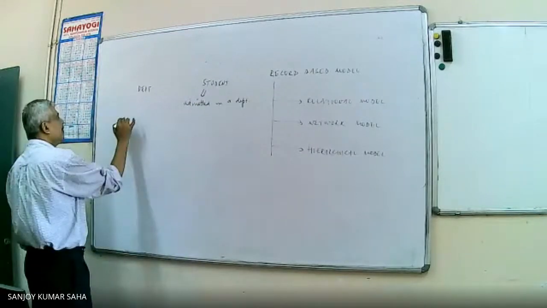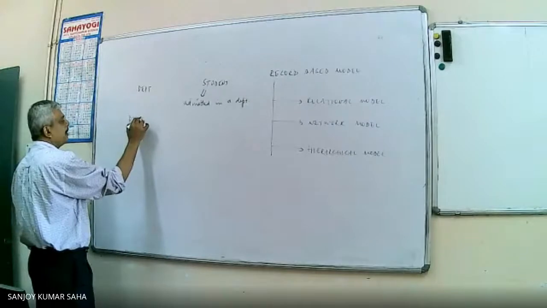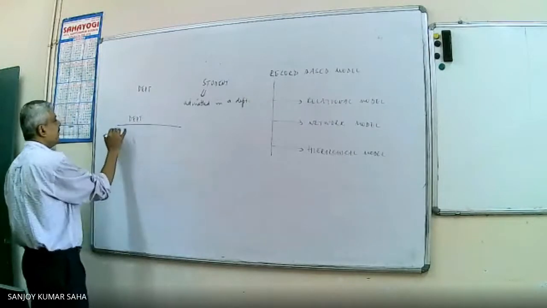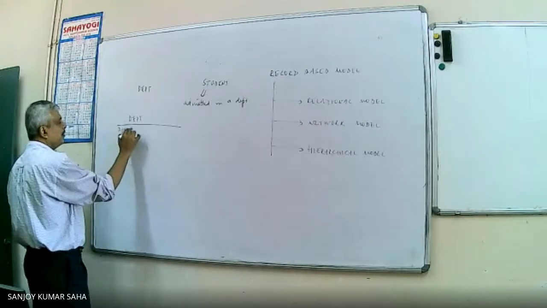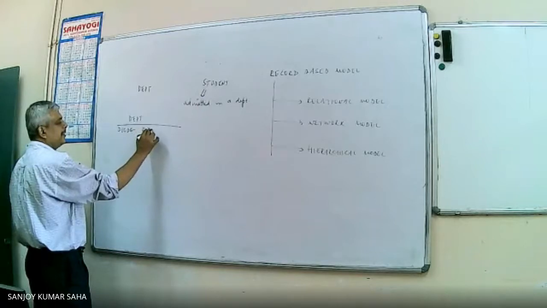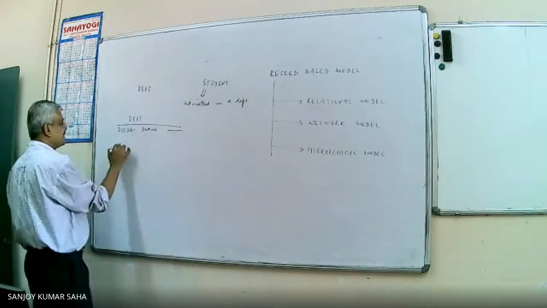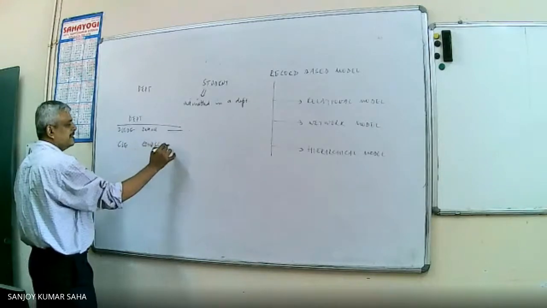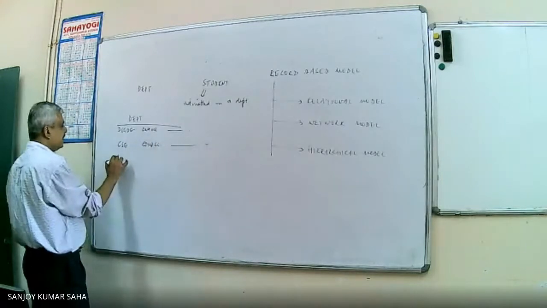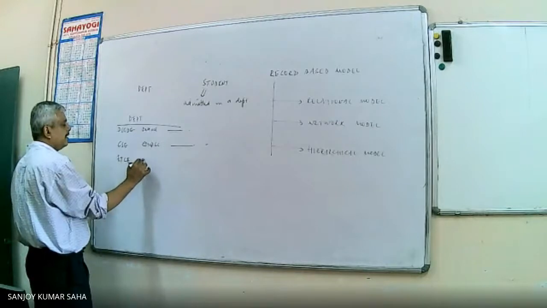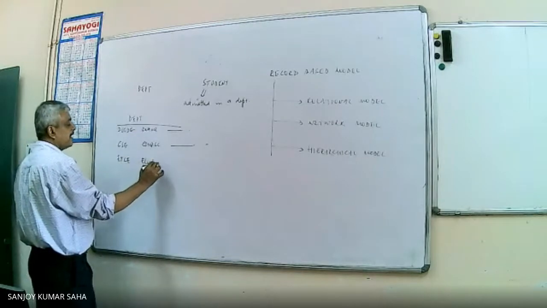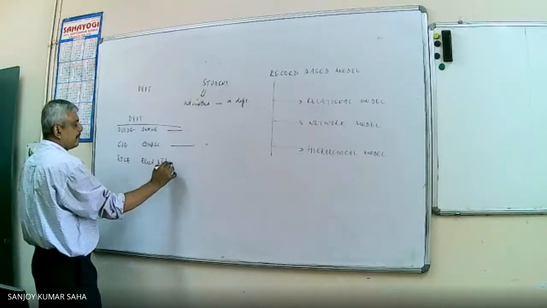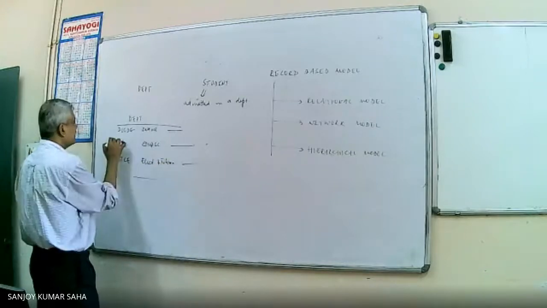So we may consider a file for the department where every record has a department code, department name, and other information. Say CSC is the department code, department name, say computer science and engineering, and other information. Say ETC is the code, electronics and telecom, like this. So these are the records.